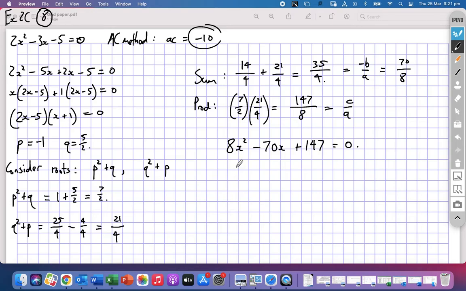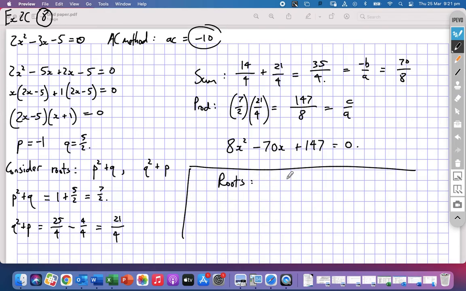I'm just thinking of a further way we could have done this. We could have actually just gone straight to, if we'd done p squared plus q and found it out as a number, we could have turned it into a linear factor. Maybe I'll do this with simpler numbers.